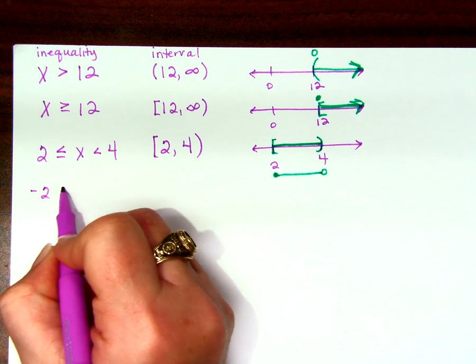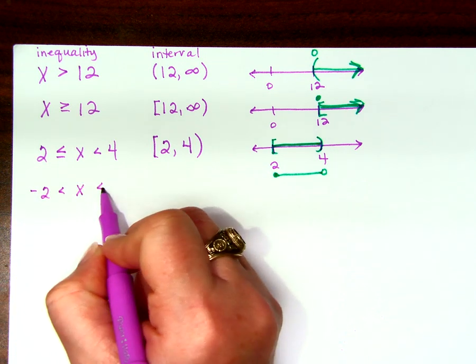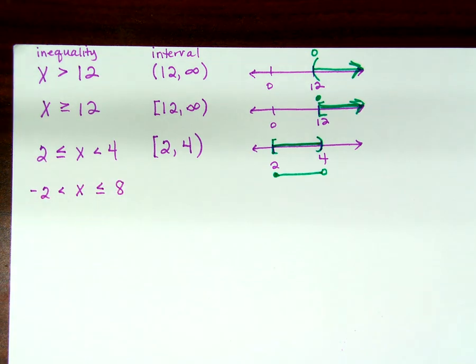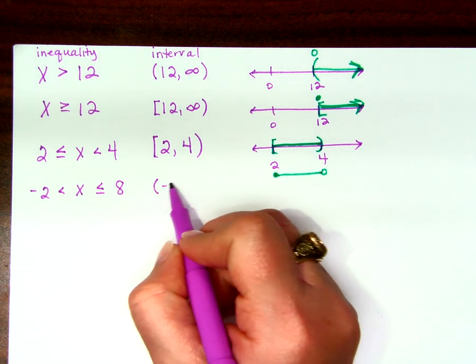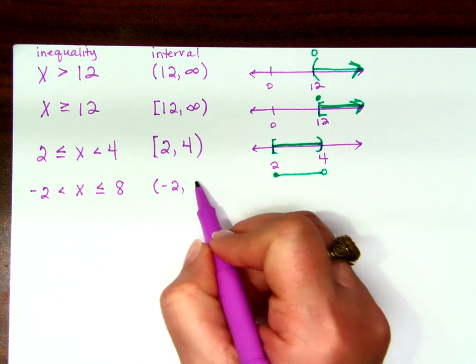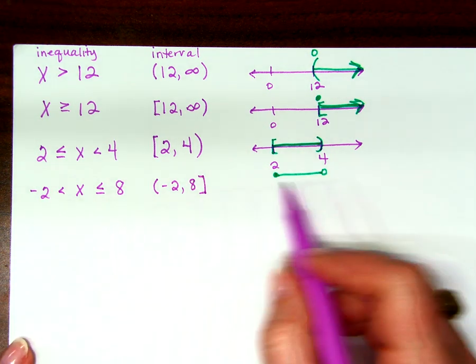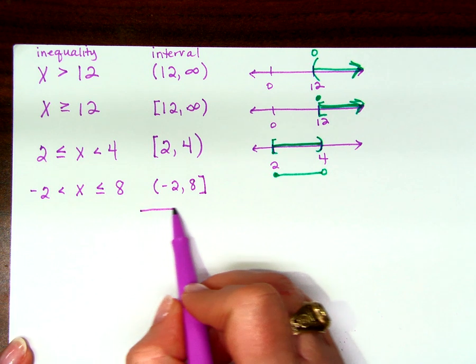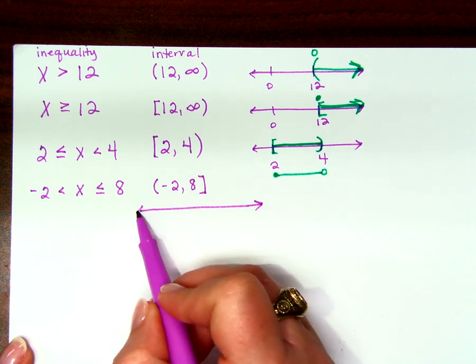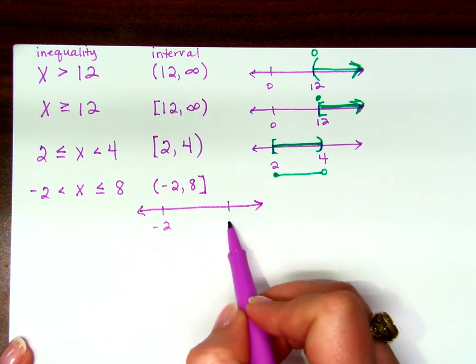Negative 2 is less than x is less than or equal to 8. Bracket. Okay. I'm going to put the number line underneath because I kind of got in the way right there. So negative 2 to 8.